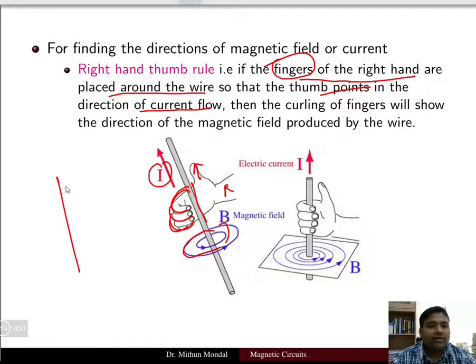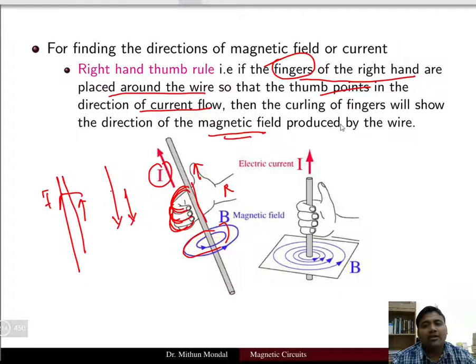So if you have a conductor and current is flowing in this direction, your thumb has to be in upward direction. If the current is flowing in this direction, your thumb has to be in this direction, and the curling fingers will show the direction of the magnetic field which is produced by the wire.